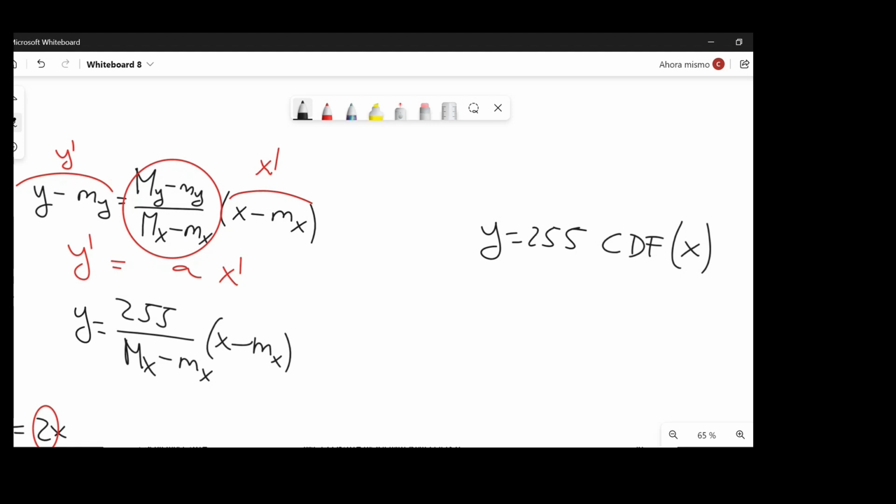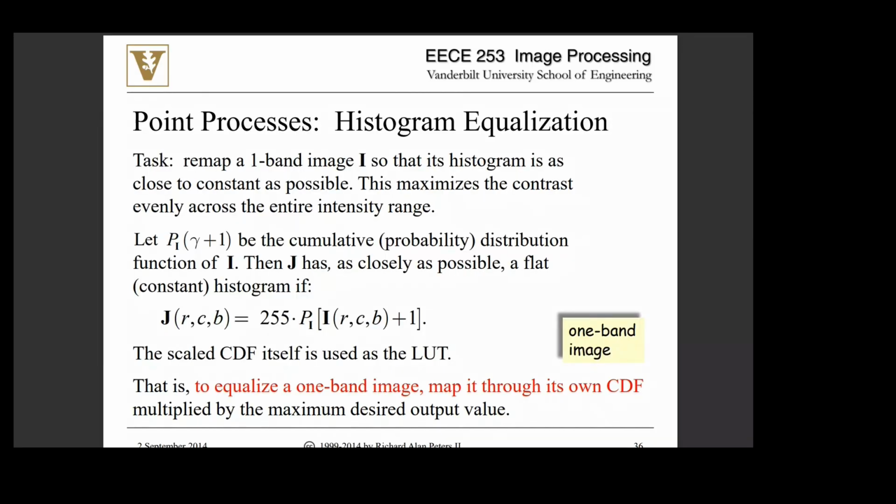Well, this would be my histogram equalization. It is written a little bit differently, but it is because here we have the coordinates, we have the bands. This +1 is coming from MATLAB, because in MATLAB the zero index doesn't exist. All indexes in MATLAB start at 1, but this is the formula. Okay, good.